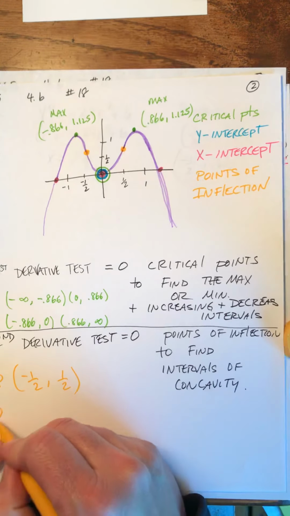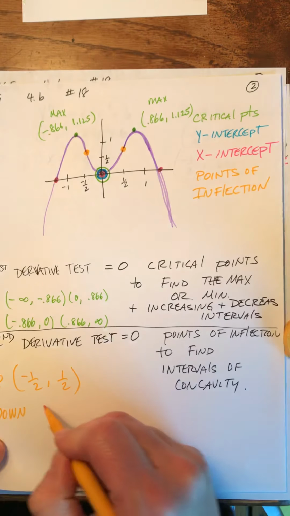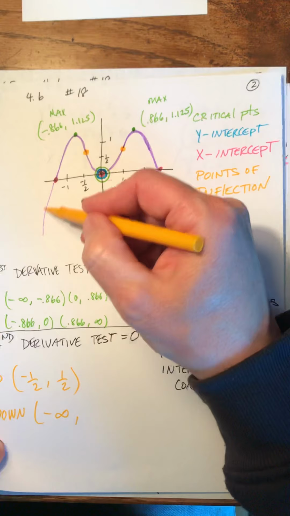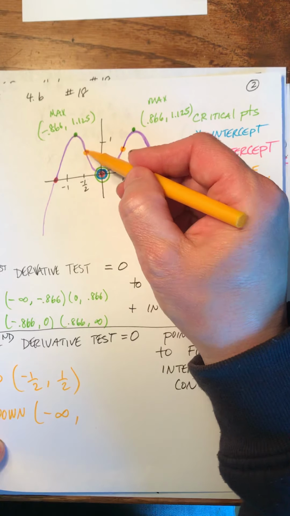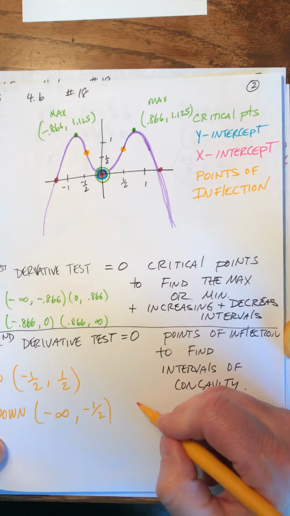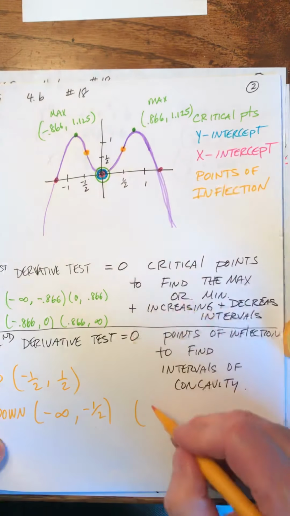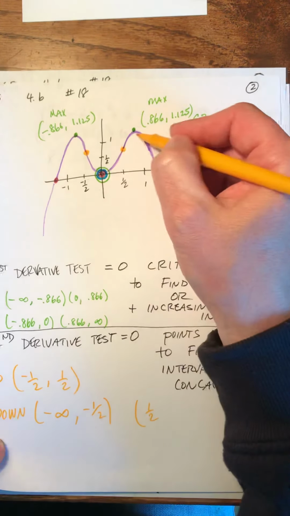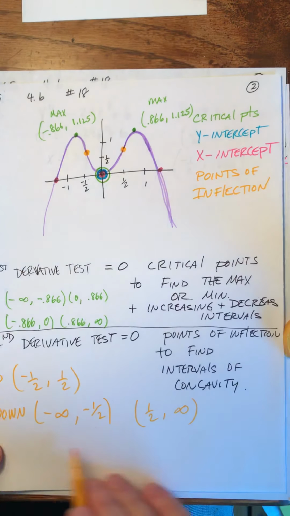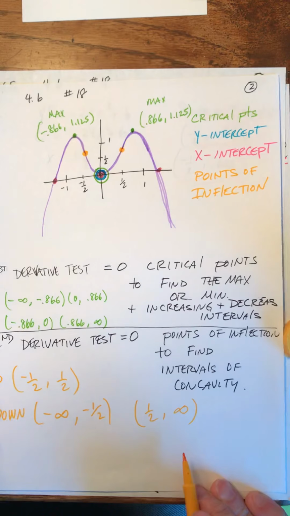And I have it concave down in two different spots. From negative infinity all the way to my negative 1/2, I am concave down. But also it's concave down from positive 1/2 all the way to positive infinity on the other side. So these are the intervals in which it's concave up or down.